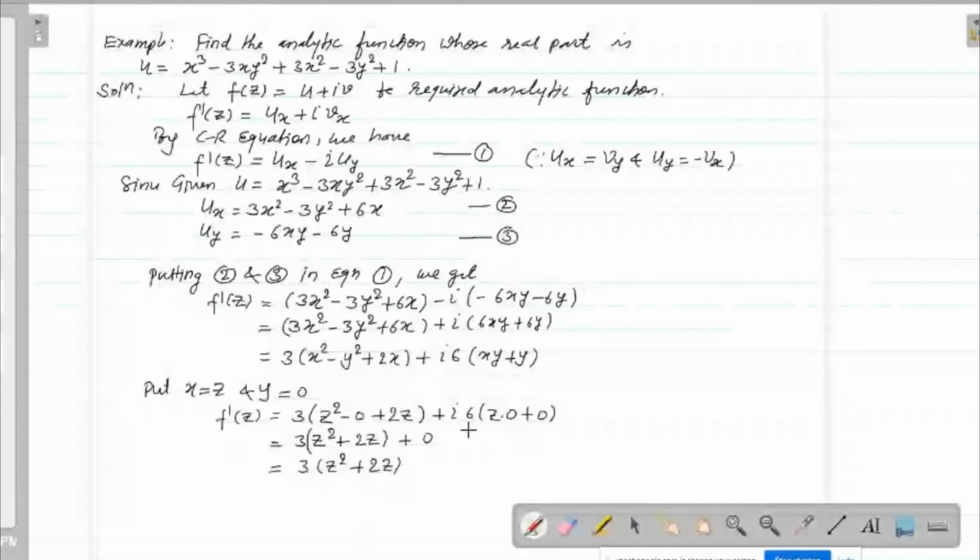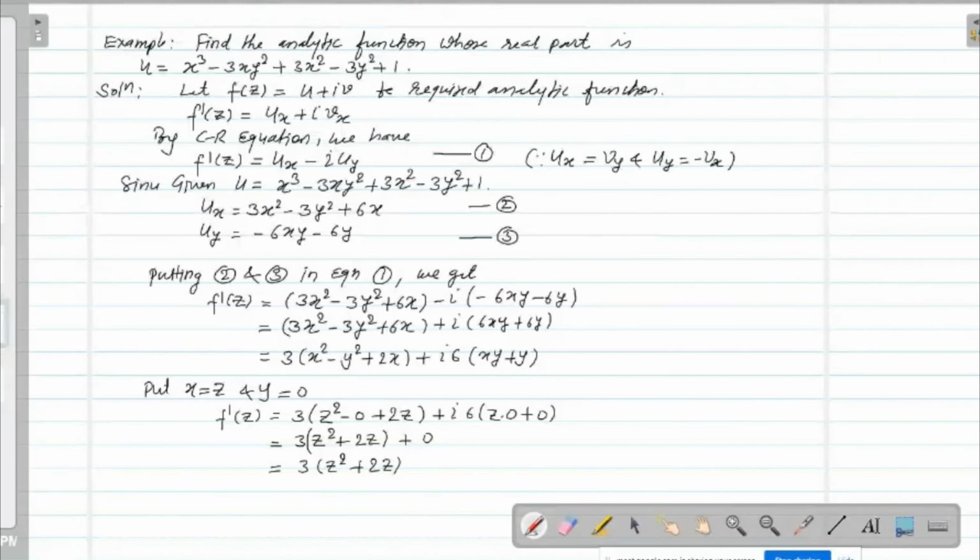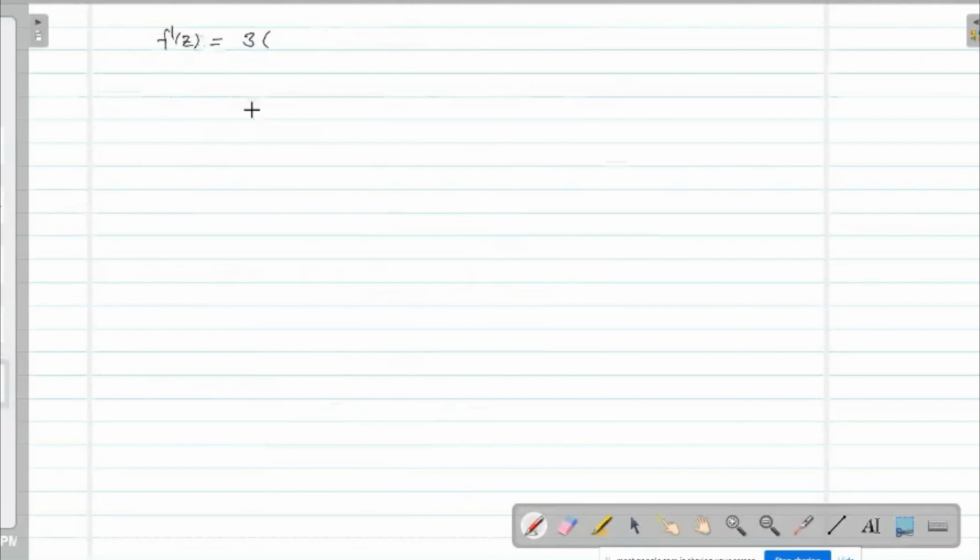So here f dash of z is equal to 3z square plus 2z. Just integrate this with respect to z on both sides.